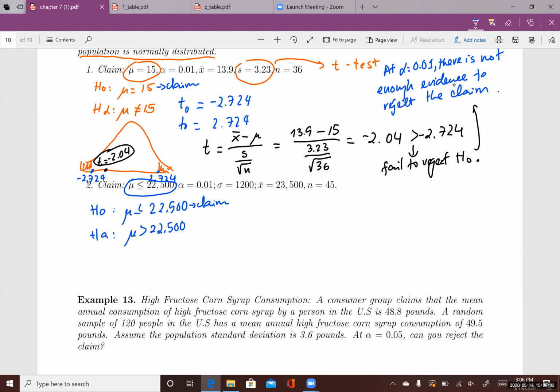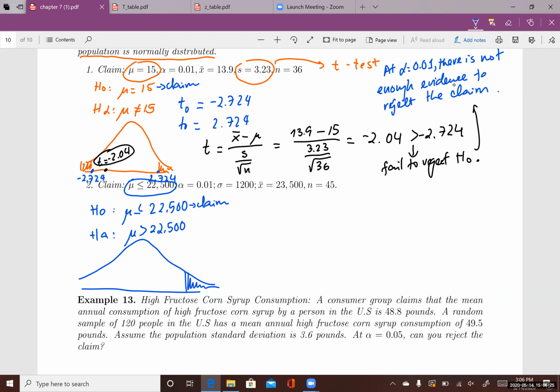Okay, and then you can draw distributions, and based on the hypothesis test statement, I know that this is a right-tailed test. If it's a right-tailed test, then I can find my critical values or p-value.